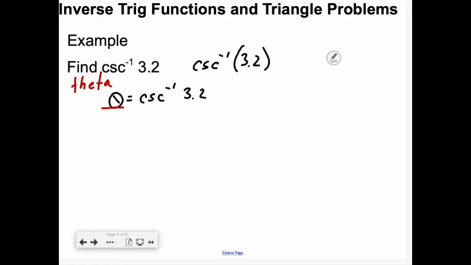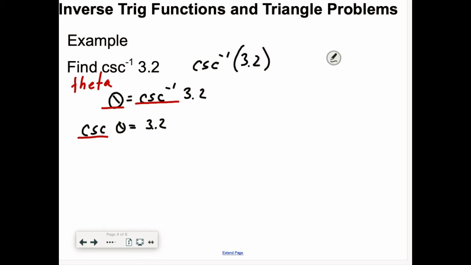So what I want to do is then I can say apply cosecant to both sides. Cosecant of theta equals 3.2. Reason I'm doing that is I don't know how inverse cosecant relates to original trig functions, but I do know cosecant easily relates to original trig functions.